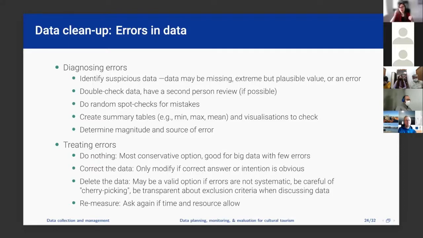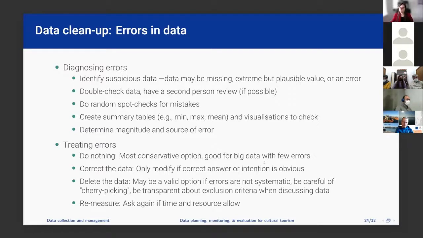If, for example, you have a survey where you have the written piece of paper, you can go back to the original piece of paper and see, okay, this was just entered in wrong, and you can correct it. But only modify if you really know the correct answer or you really know the intention is obvious. You can delete the data.